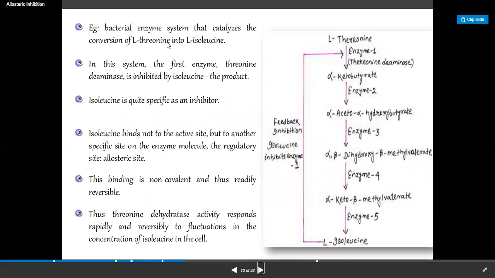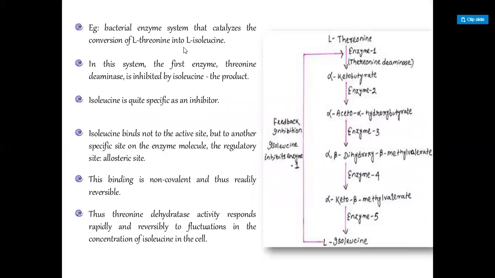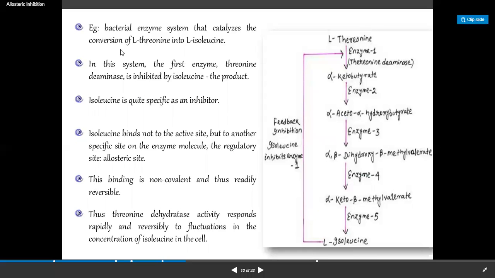Example: the bacterial enzyme system that catalyzes the conversion of L-threonine into L-isoleucine. In this system, the first enzyme, threonine deaminase, is inhibited by isoleucine, and isoleucine is quite specific as an inhibitor.